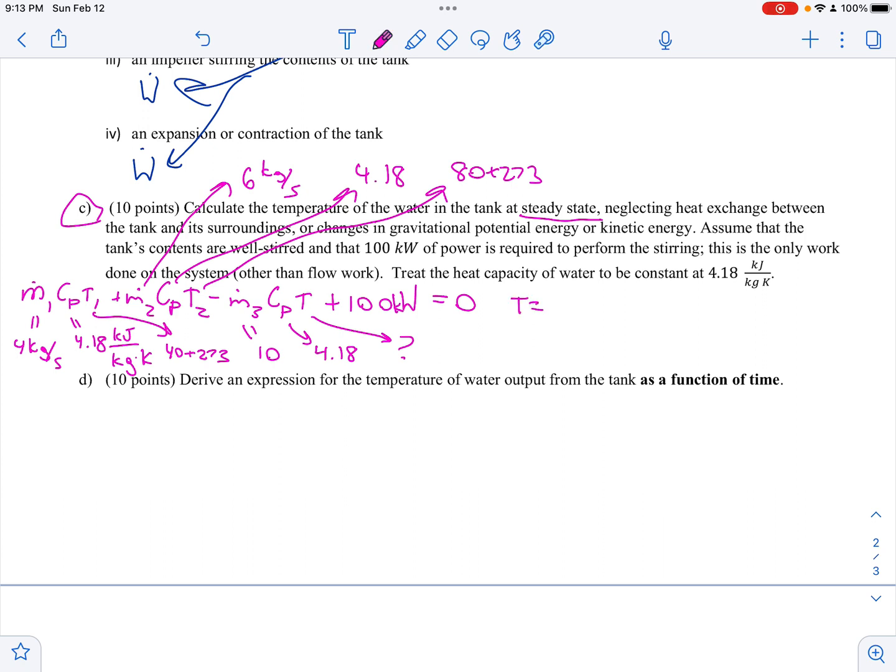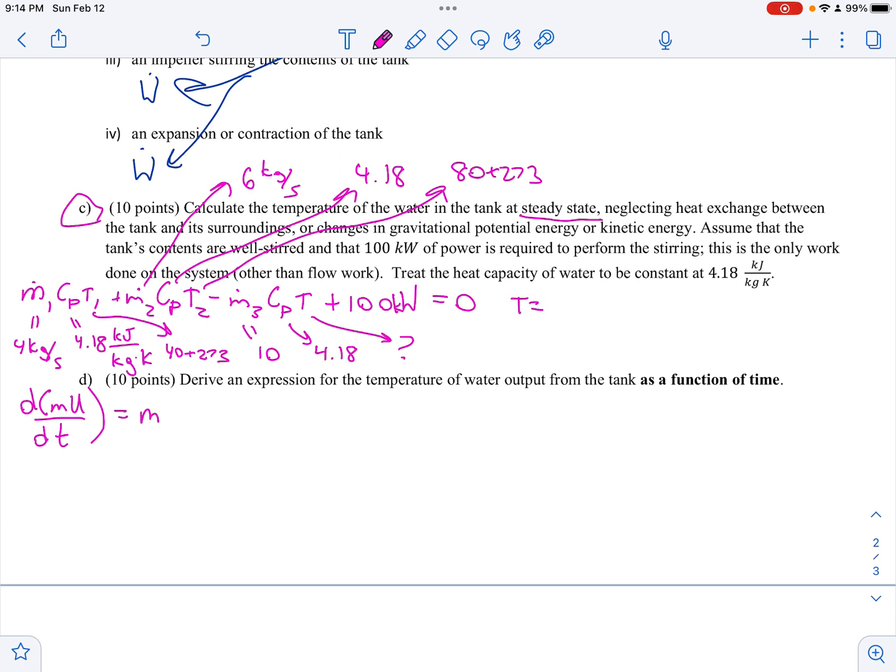The last part is derive an expression for temperature of water from the tank as a function of time. Now we have to consider the full differential equation. So that time derivative, dU/dt, would equal the same thing we wrote before.